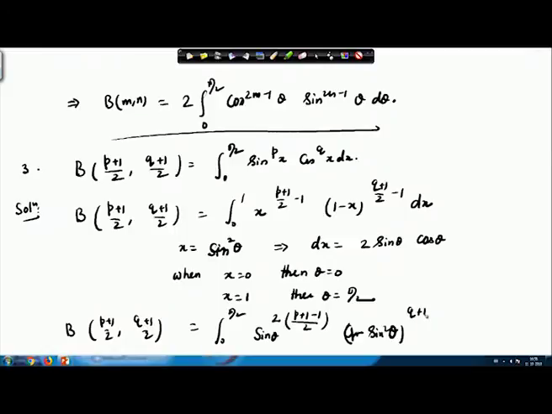So, (q plus 1 minus 2)/2, and dx is 2 sin theta cos theta.